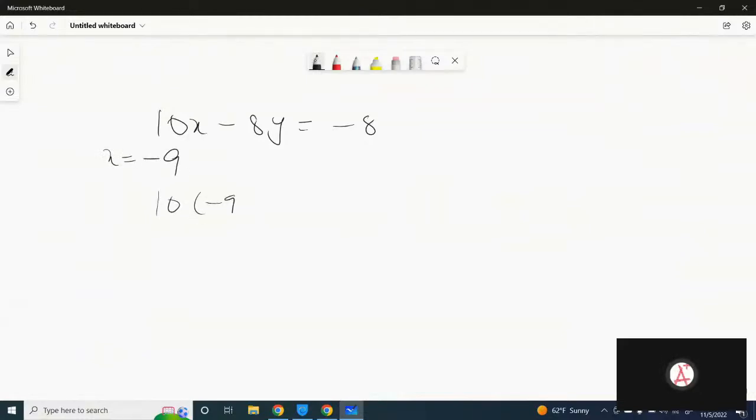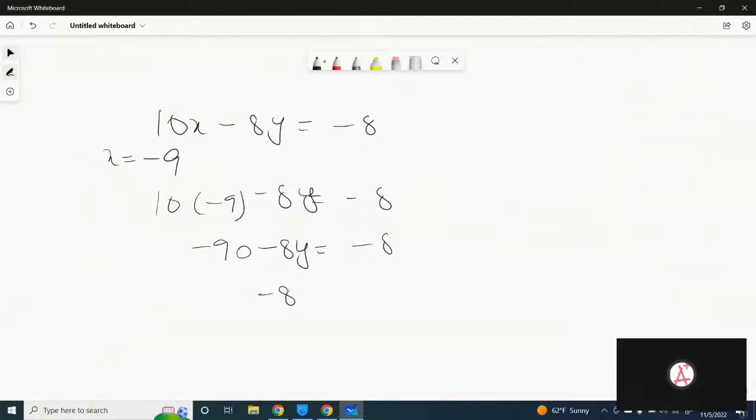10 times negative 9, minus 8y equals negative 18. 10 times 9 is 90, so negative 90 minus 8y equals negative 18.